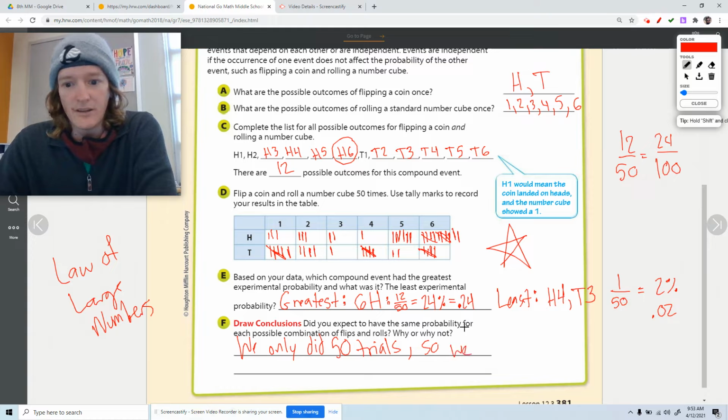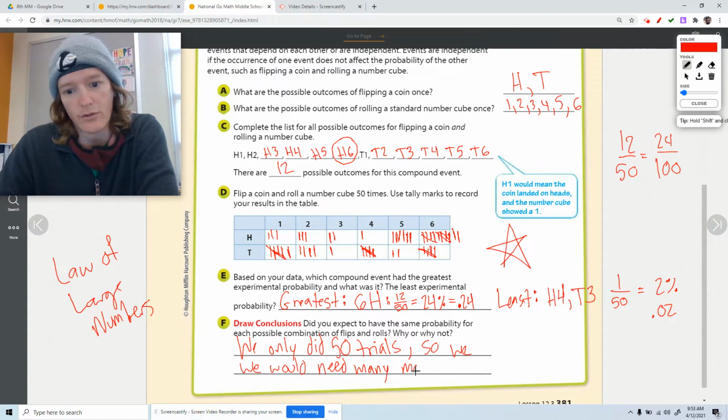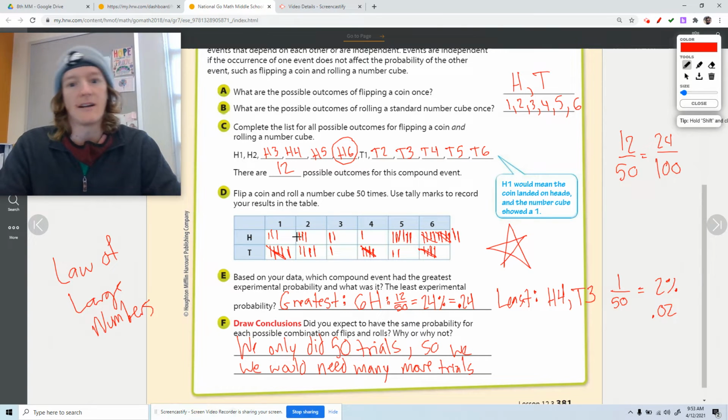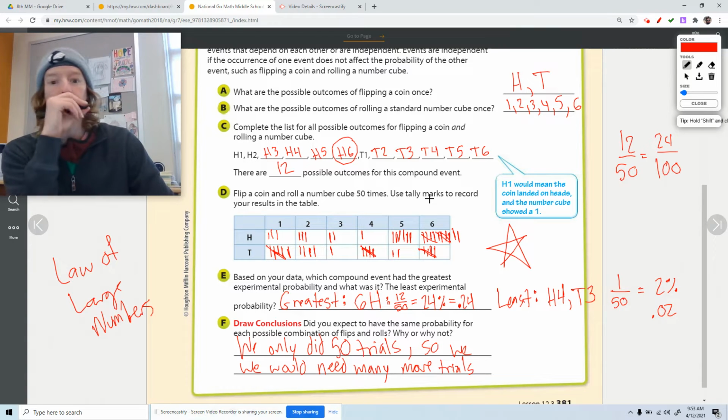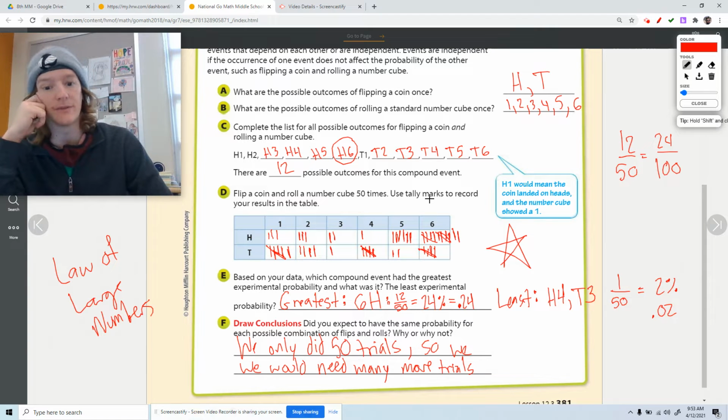So we would probably need to do a lot more trials before our results become pretty evenly balanced. We would need probably hundreds before these start to balance out, because experimental probability is random. But if we did like 10,000 of these, our percents are going to be probably pretty well even.